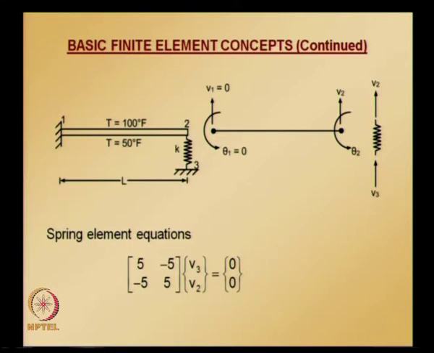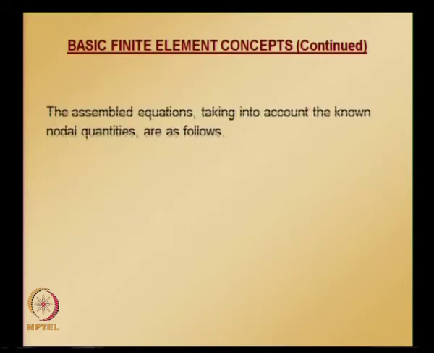Similarly, the minus 5 at the 2 1 location goes into the 3 5 location of the global equation system, and the component at the 2 2 location goes into the 3 3 location. With this understanding, we can get the final assembled global equation system.